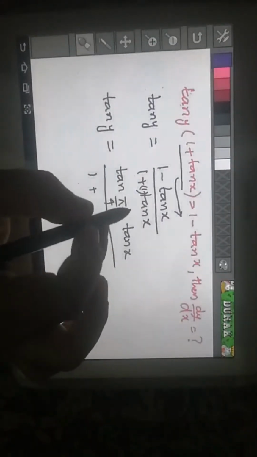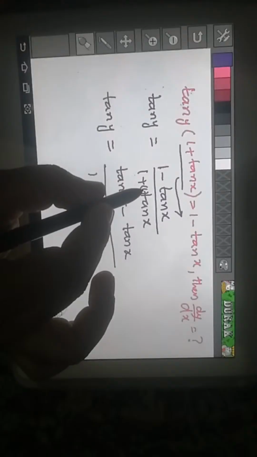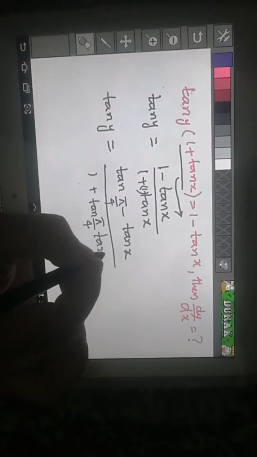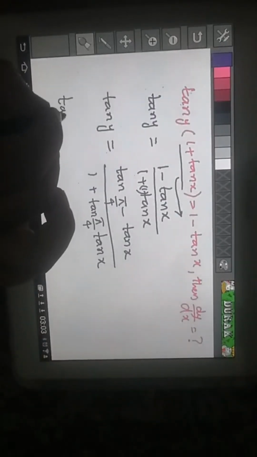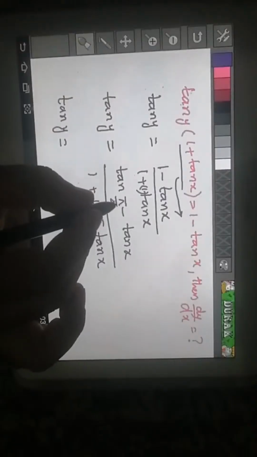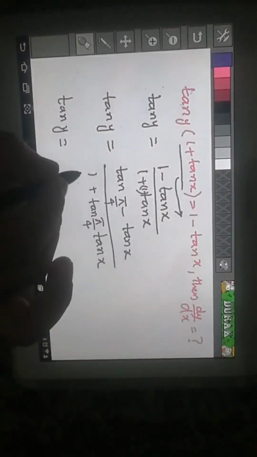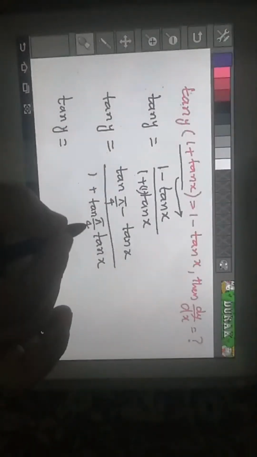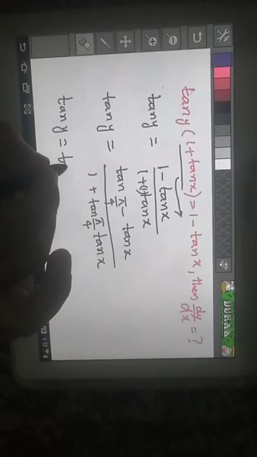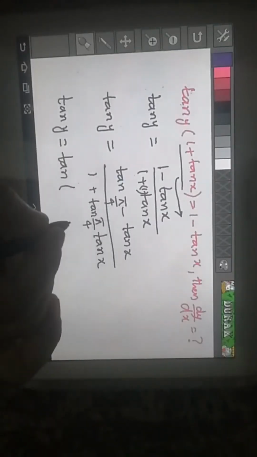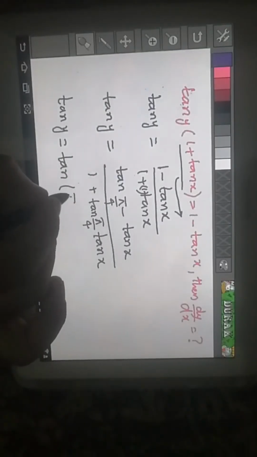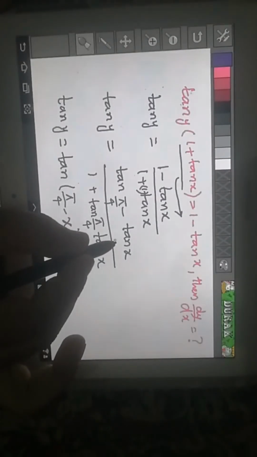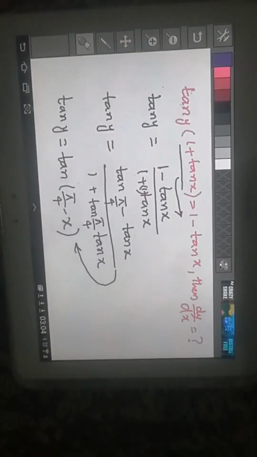As 1 doesn't change the structure, I can assume 1 here. That 1 can also be replaced by tan pi by 4, and tan x will appear together. Now this becomes a famous tan formula: tan alpha minus tan beta divided by 1 plus tan alpha tan beta is tan of alpha minus beta, right? So tan of (pi by 4 minus x).